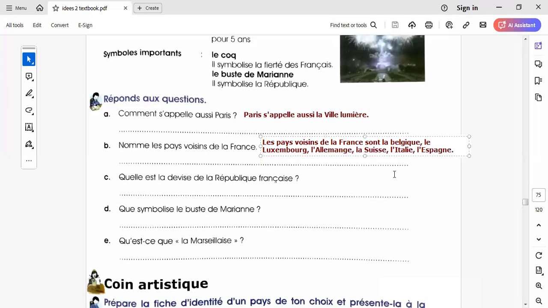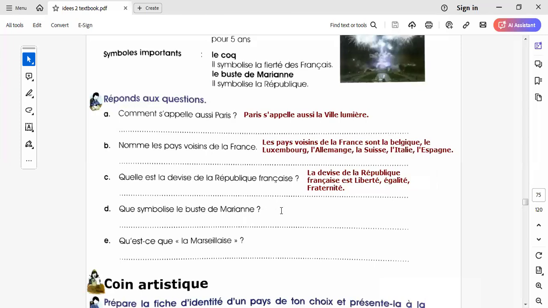Everything is written above, and we have to just write the answers from the above paragraph. Quelle est la devise de la République française? So, la devise de la République française est liberté, égalité, fraternité.